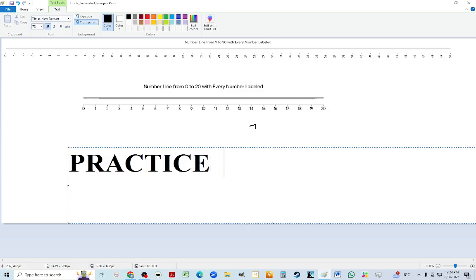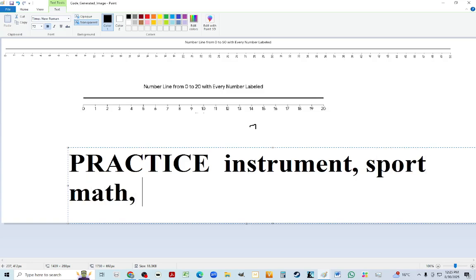This is true for practicing an instrument, sport, math, science. All these things that are apparently hard to do, if you put in more time and practice, people will start saying, wow, they're just naturally good at that thing. Nope. We'll just put in the time.